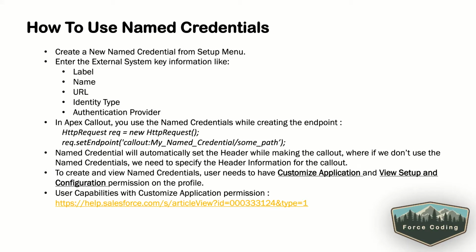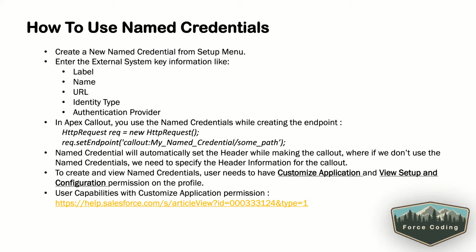Now the next is how we can use these name credentials, right? The steps that we need to follow are, we can simply go to Setup, and in the Setup menu you can search for name credentials.